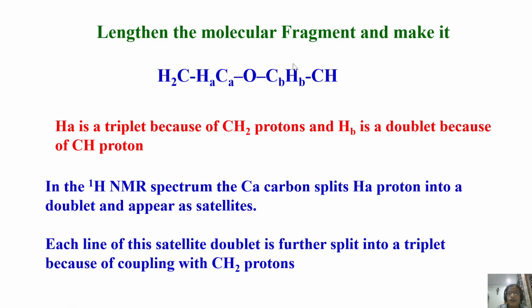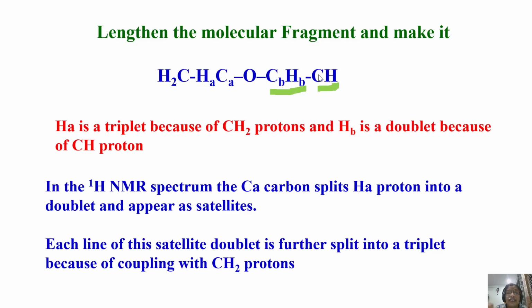Okay. Now similarly, carbon at the proton position of B, because of splitting with carbon, it is going to be a doublet, which again appear as satellites. What will happen to the satellites? It has a long range coupling. This proton has a coupling with this proton.